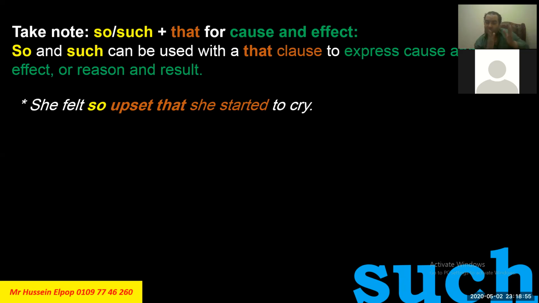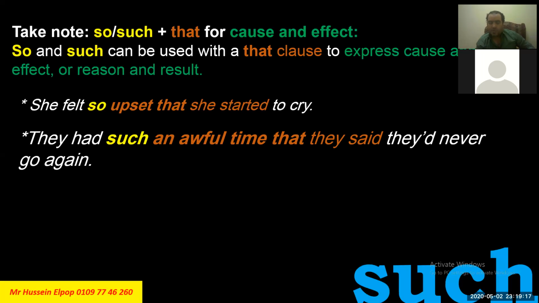So sometimes you use so or such plus that. She felt so upset. Why? That she started to cry. This is the result. What happens when she felt so upset? She started to cry. So sometimes you use that with a sentence.